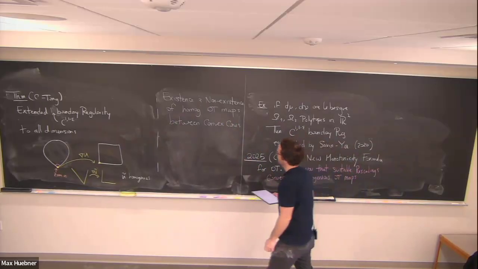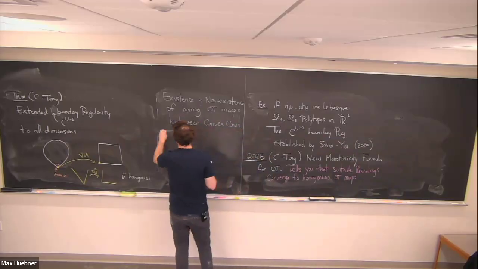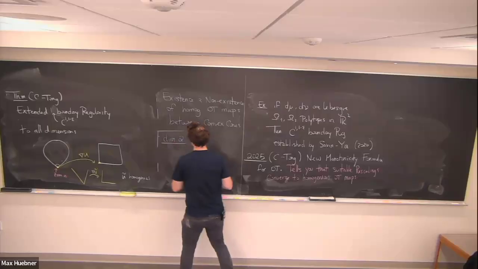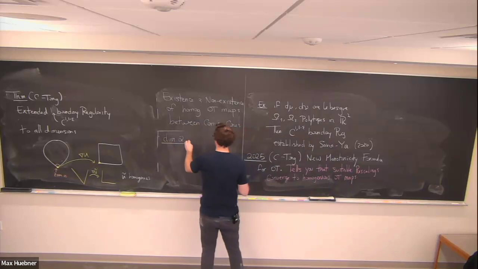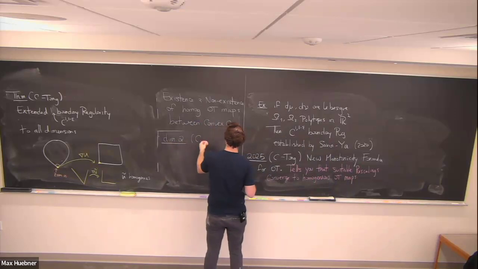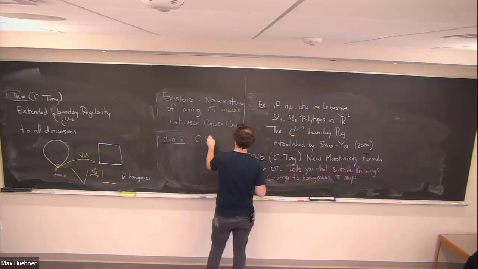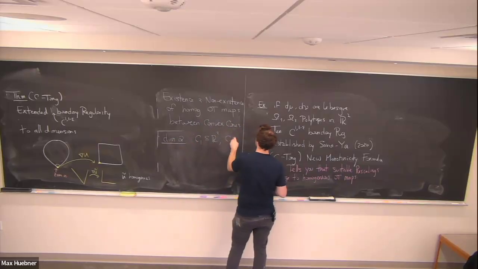Okay. So in dimension 2, which is the first interesting example, I consider two cones, C1 and C2, convex cones in R^2.